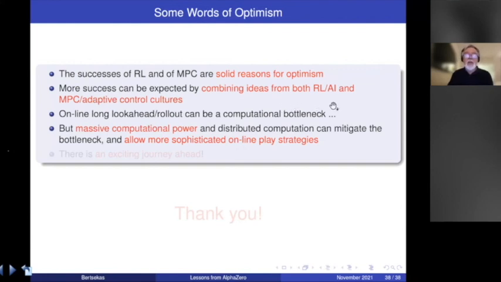And people in both artificial intelligence and MPC have been struggling with that. On the other hand, we have massive computational power through distributed computation. A lot of these computations can be parallelized, and all of this power can mitigate the computational bottleneck. And so we can obtain online strategies that are more sophisticated as a result. So all in all, the future looks very bright.